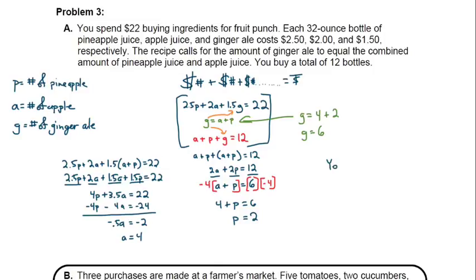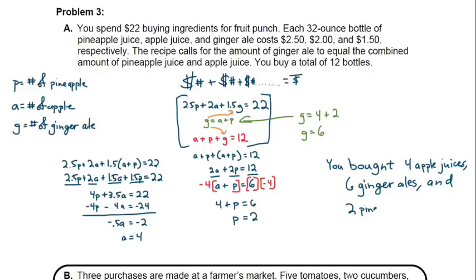You bought 4 apple juices, 6 ginger ales, and 2 pineapple juices.